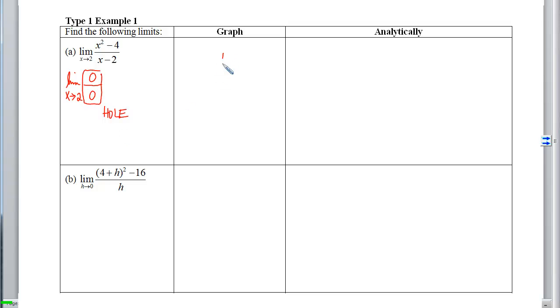So if I were to graph this on my calculator, we could see that the limit as x approaches 2 of x squared minus 4 over x minus 2 will look an awful lot like the limit of x minus 2 times x plus 2 over x minus 2. Notice that these two are the same.